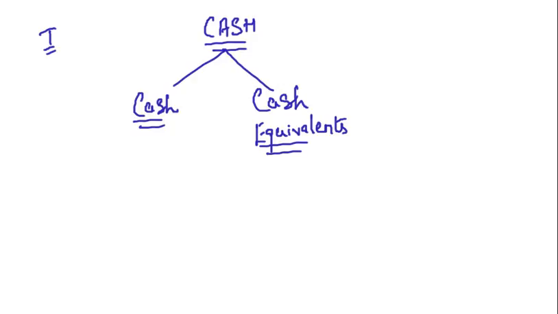Recently, you must have heard about demonetization. The government of India withdrew the notes of 500 and 1000 from the market. So, what was the immediate effect of demonetization? The immediate effect was on the cash availability, on the cash inflow and outflow. There was a cash shortage in the market.